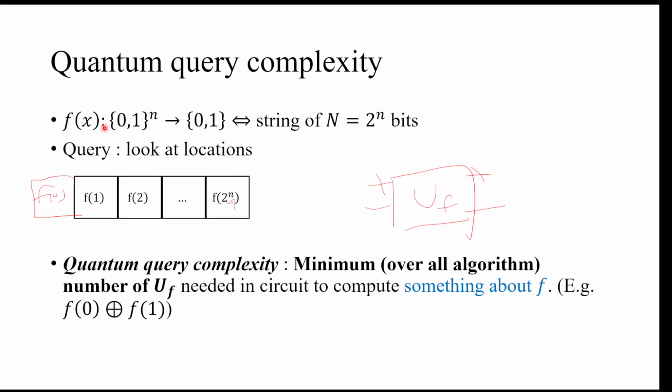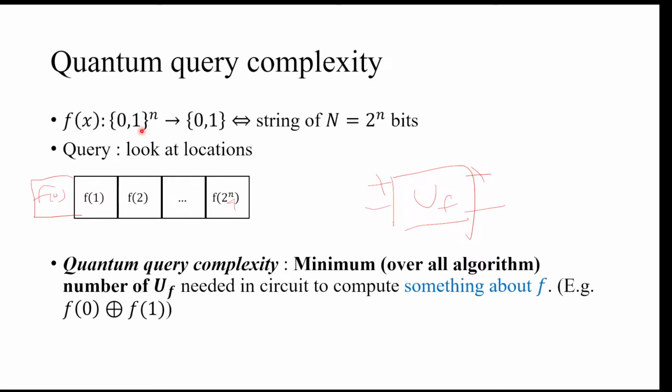But we also think the whole truth table of this function as an input to our query algorithm. You can think of this like a nested algorithm. We have a higher algorithm that tries to compute something on those black boxes, and the black boxes themselves are another function. So there are two layers.